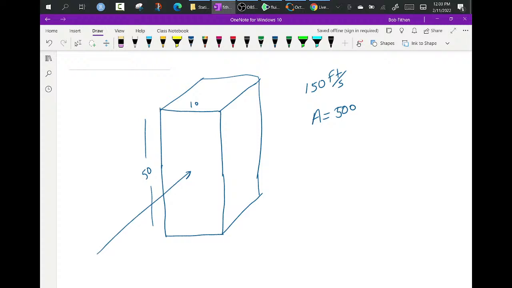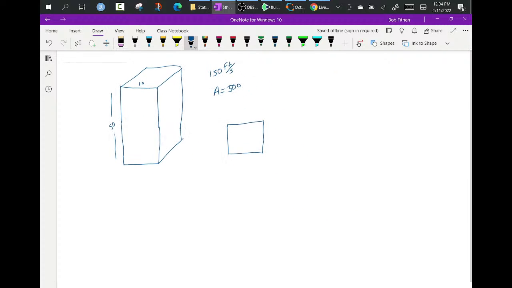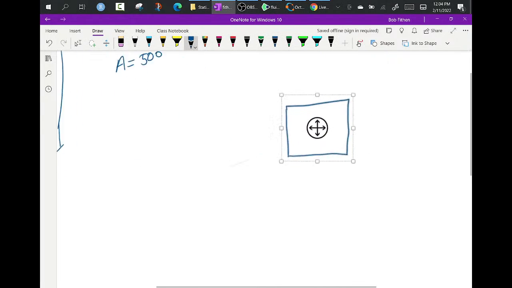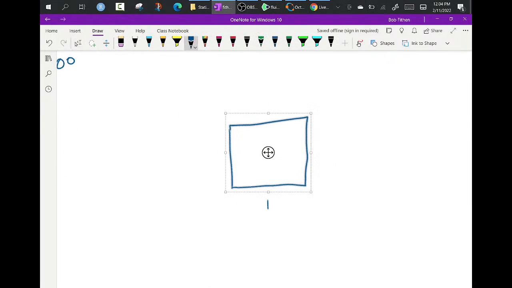Well, let's look down on it. So we're looking down at this object. Maybe I'll move it to the side a little bit to give myself more room. Looking down at this object, air is blowing at it straight. Now what will happen is all these particles are coming at it.